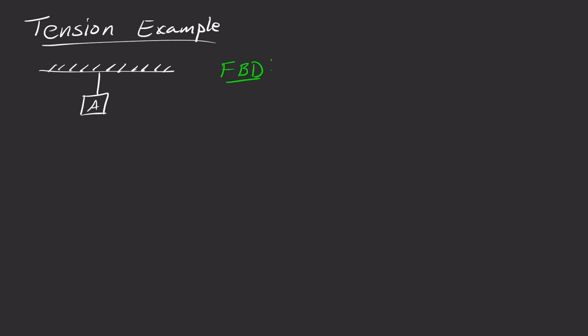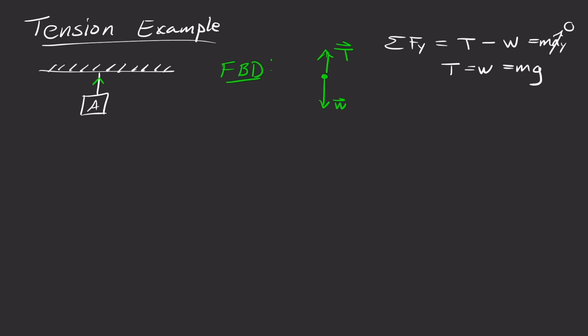If we draw a free body diagram, then the weight of this block is going down, and then this cable is pulling up on the block, keeping it from falling. Okay, so if we sum up the forces in the y direction, we have tension going up minus the weight, and that equals ma, but it's not going anywhere, so this is just 0. And we get the tension is equal to the weight, or the mass of the block times gravity, similar to what we had with the normal force.